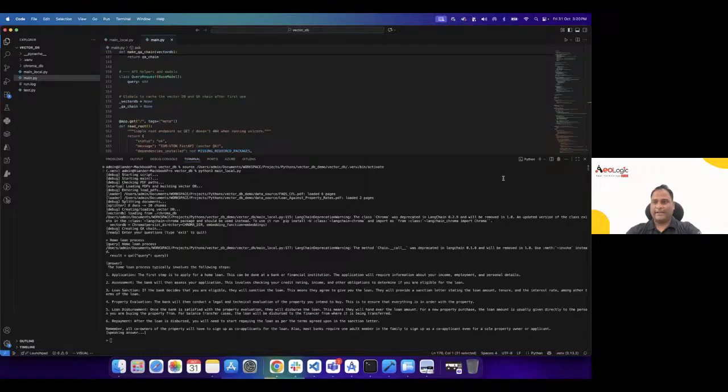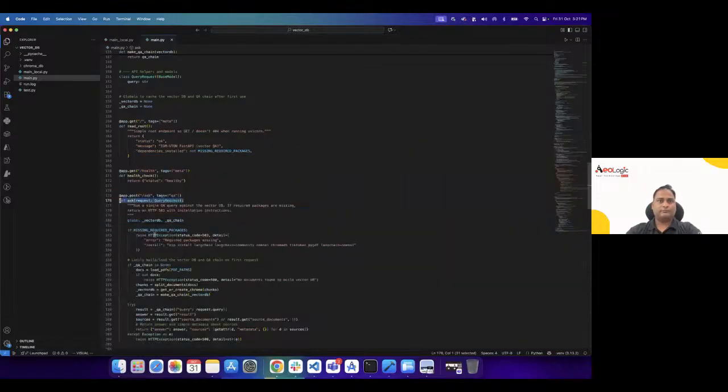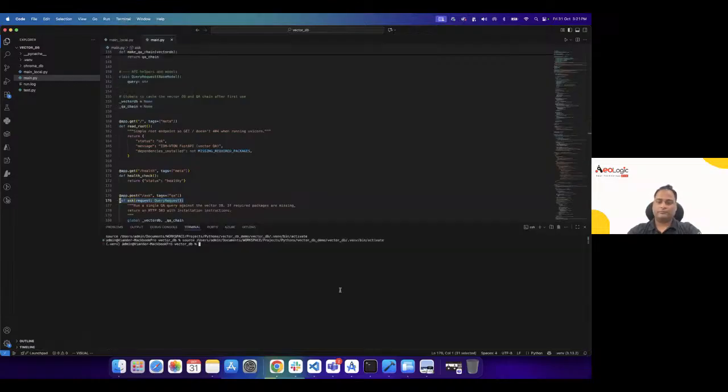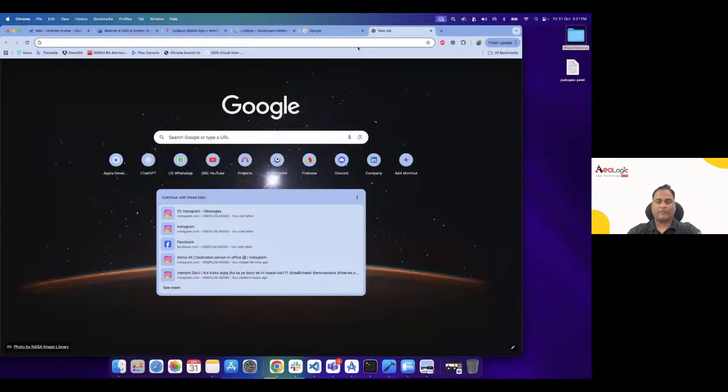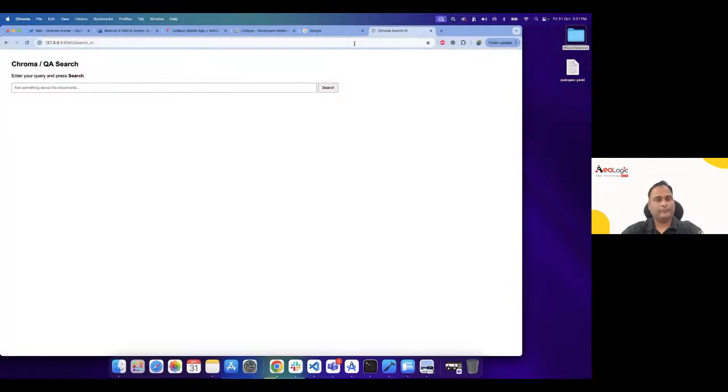Let me run this one also. So I'm making the same query, home loan process.